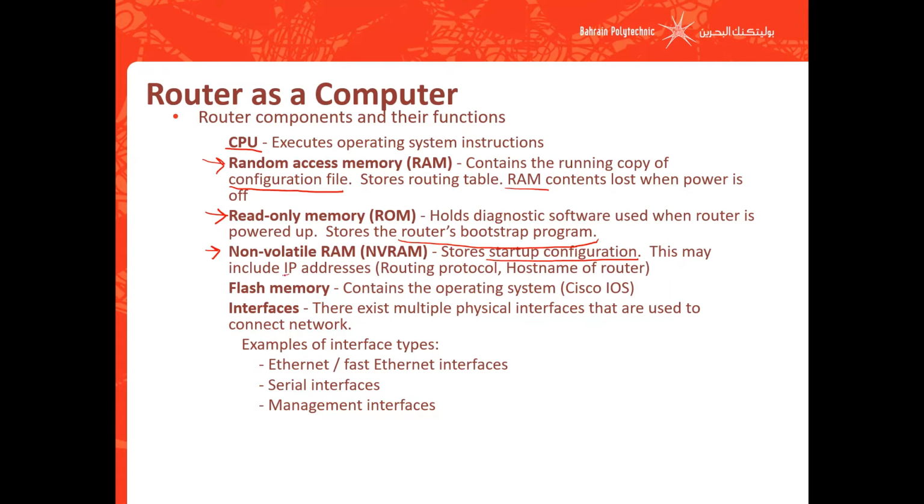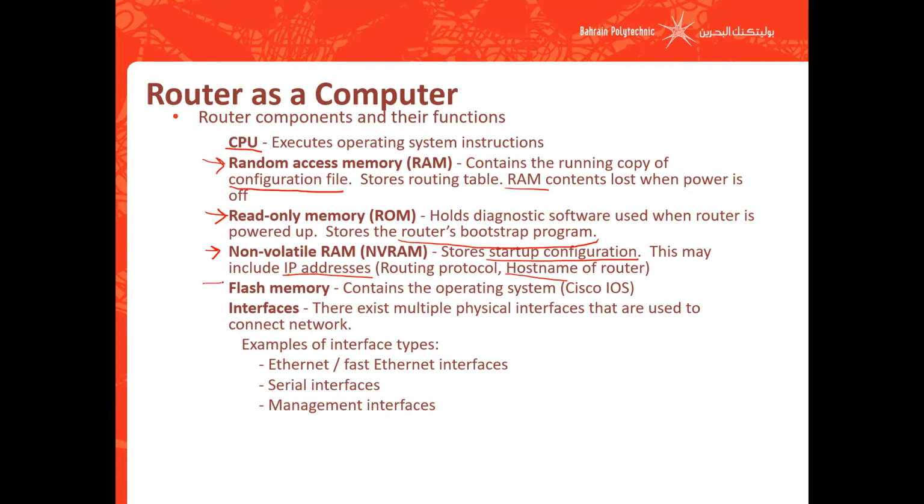So the IP addresses that you assign to the interfaces or the ports are stored in the startup configuration, and other details like the host name, which is the name of the router, are stored. The routing protocol that is used, again, this is something we will look at in the upcoming lessons. But anything to do with the configurations or settings that need to be stored is stored on NVRAM, okay, in something called the startup configuration.